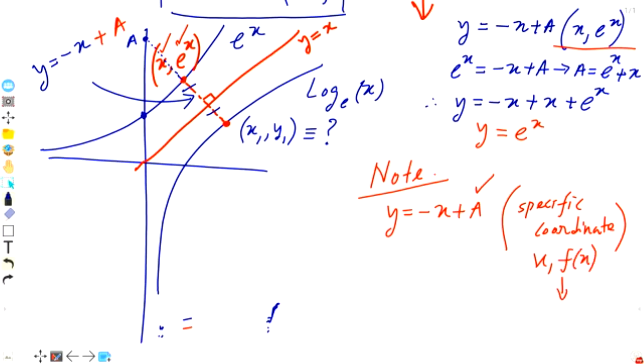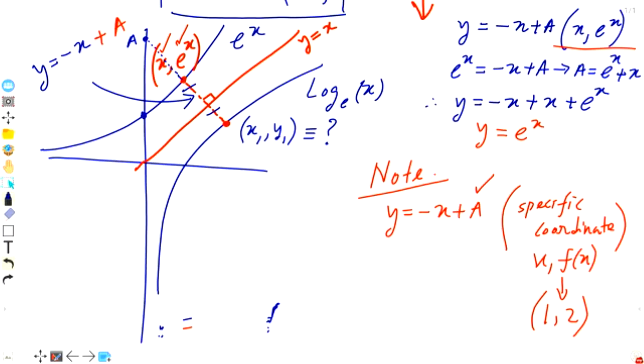It should be specific, like (1, 2). Otherwise, you can't do that.